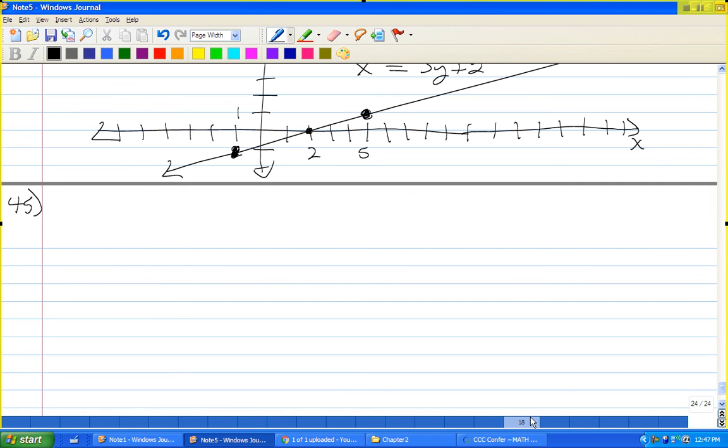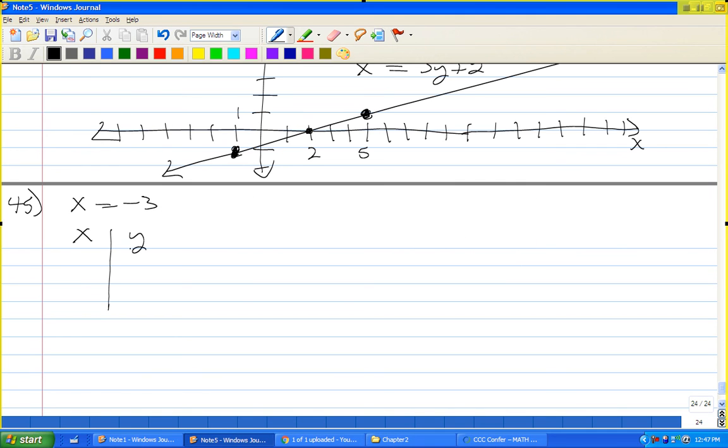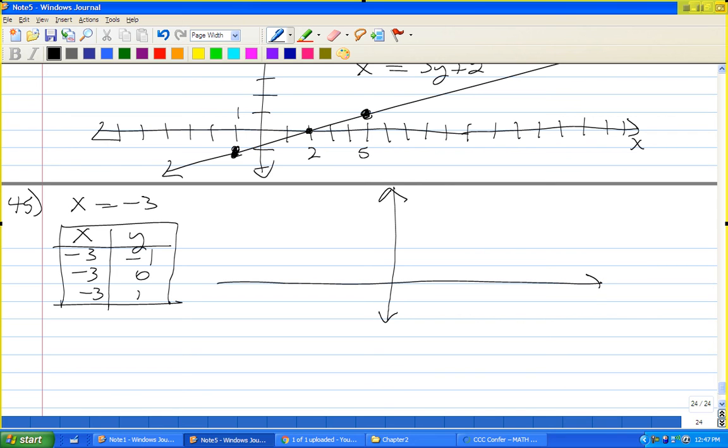Okay, so 45, x equals -3. It doesn't really matter what you pick for y, because x is always equal to -3. So I have the following.